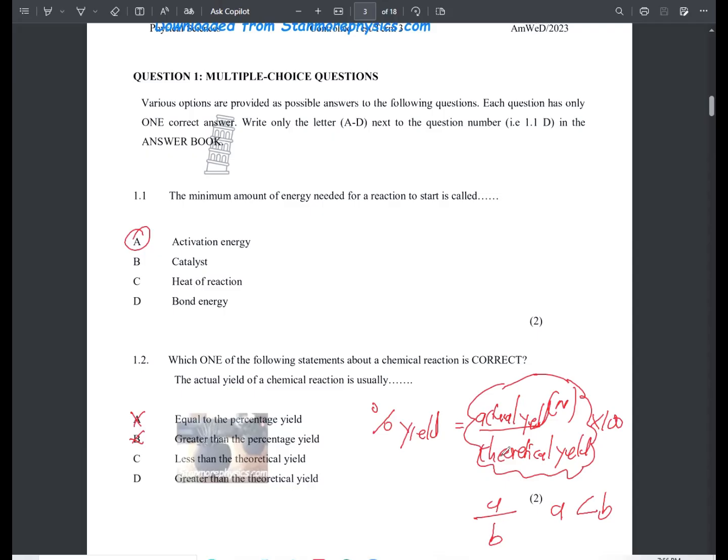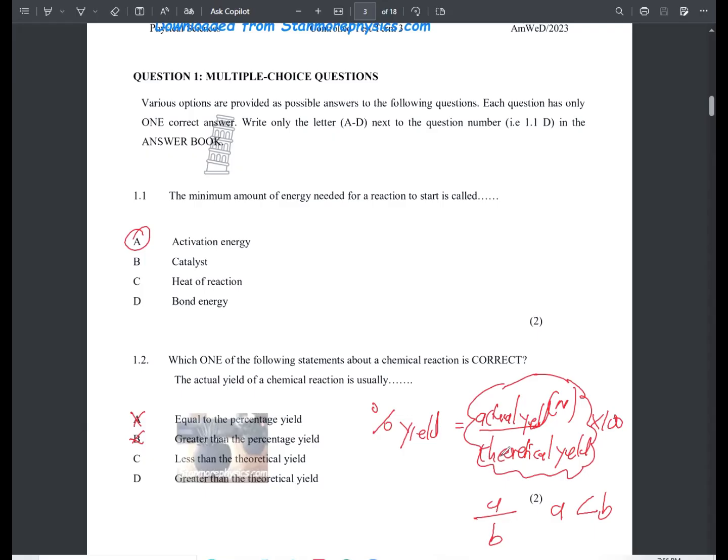Because remember, actual yield is what we get when we actually perform that chemical reaction. But theoretical yield is only based off calculations without any consideration of what might happen when you actually perform the chemical reaction, right? So there might be spillages of your reactants. There might be some of the particles escaping, let's say gas particles would escape the reaction vessel, of course.